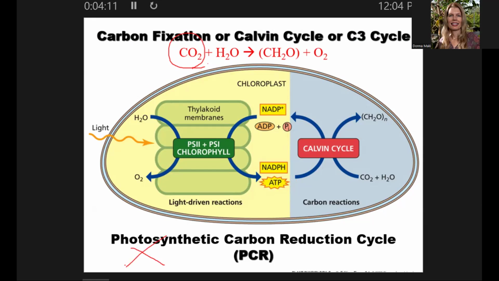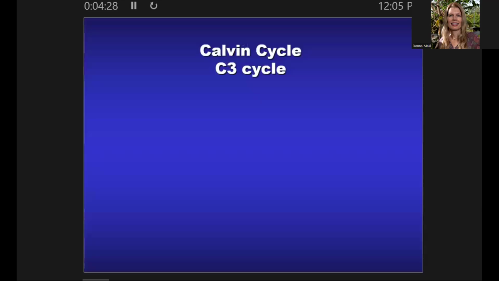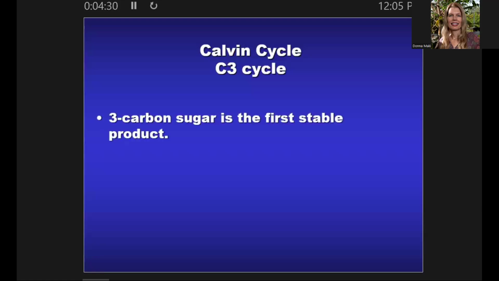Okay, so Calvin cycle or C3 cycle, named after Dr. Calvin, who was pivotal in getting the final difficulties of the Calvin cycle ironed out. So they call it the C3 cycle because the first molecule that they could identify in the cycle is 3 carbons.